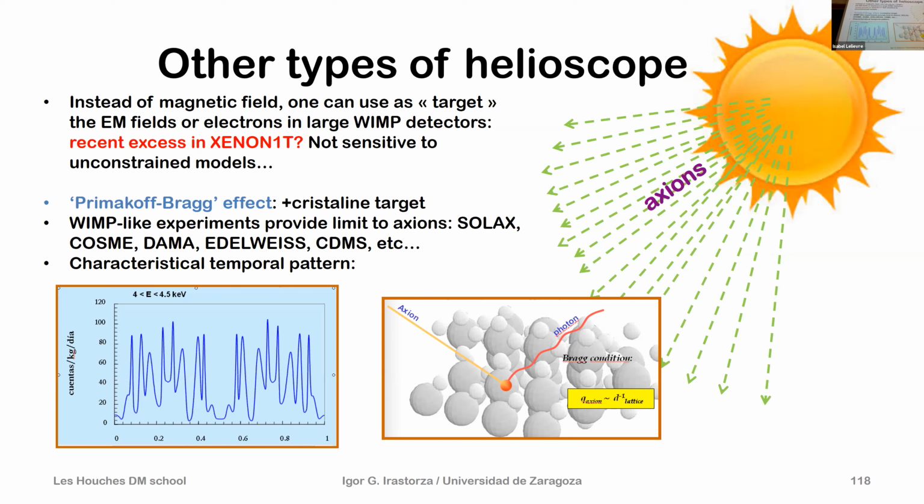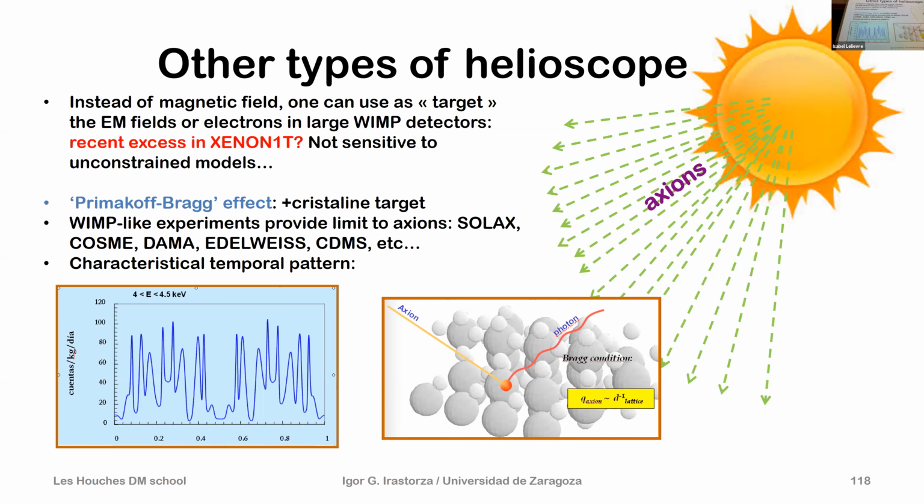But in addition, if your detector has a crystalline structure, you should expect some Bragg effect in addition to this Primakoff, so that this conversion is highly dependent on the orientation of the crystal planes with respect to the line of incoming direction of the photons, of the axions, right?